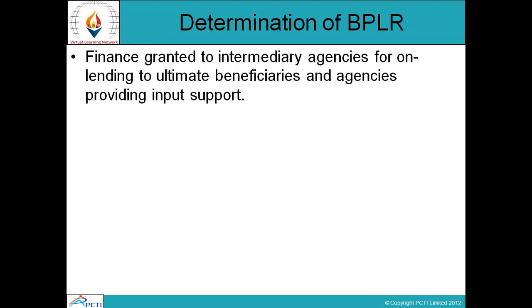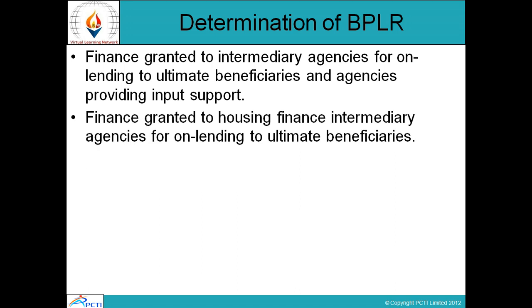Finance guaranteed to intermediary agencies for on-lending to ultimate beneficiaries and agencies providing input support. Finance granted to housing finance intermediary agencies for on-lending to ultimate beneficiaries.